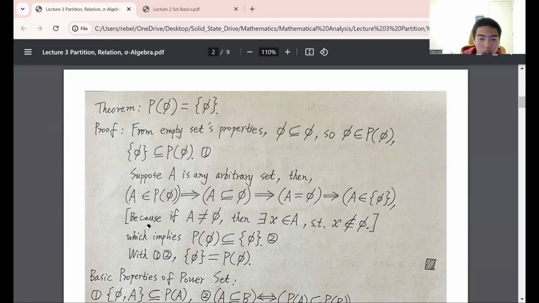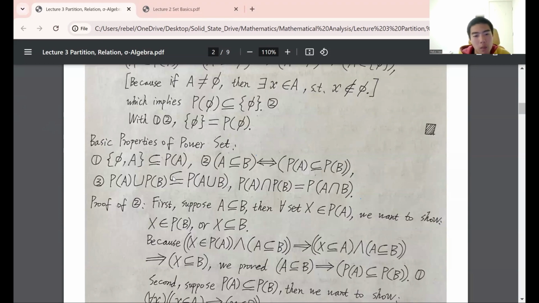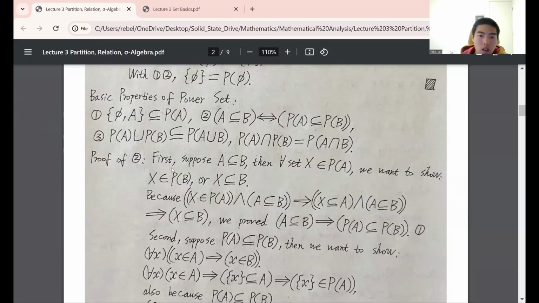All right, and maybe we'll talk about some basic properties of the power set. The power set of A union with the power set of B is a subset of the power set of A union B. But this is not equal.